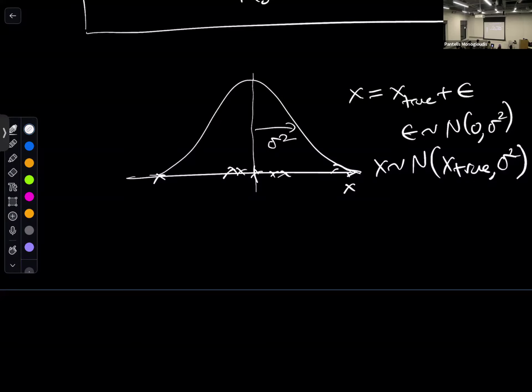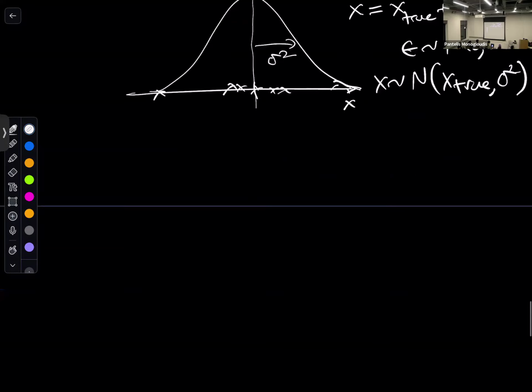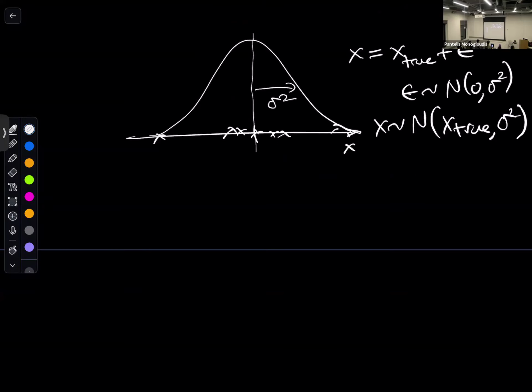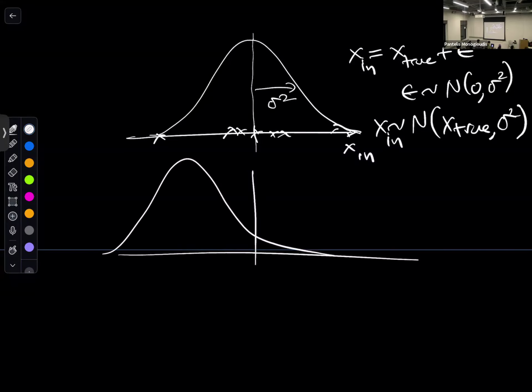Now let's assume that I have another sensor outside of the wall over there. There is no HVAC system operating, as is of course true today. Let me call X in, X in. And I'll do another plot over here.